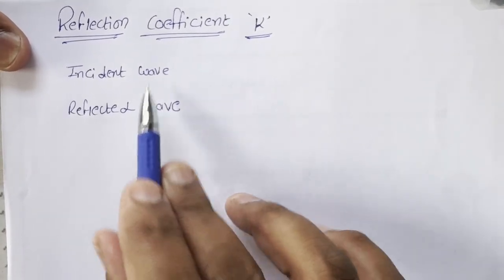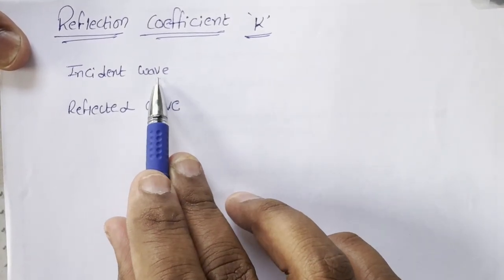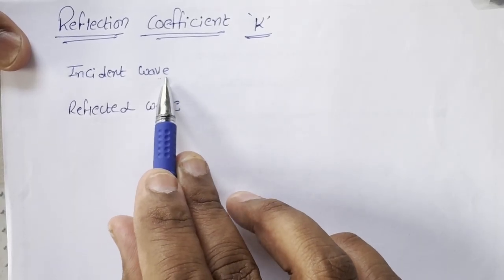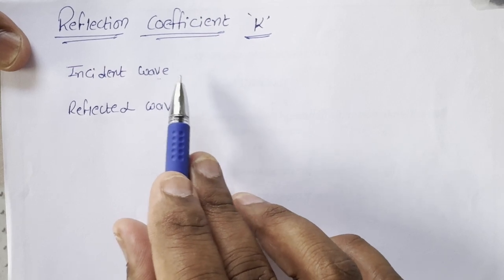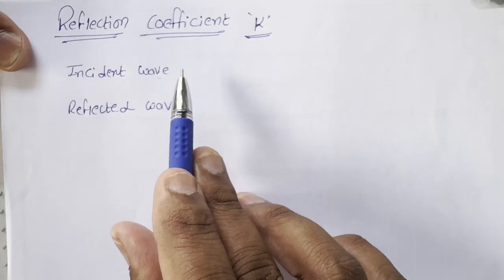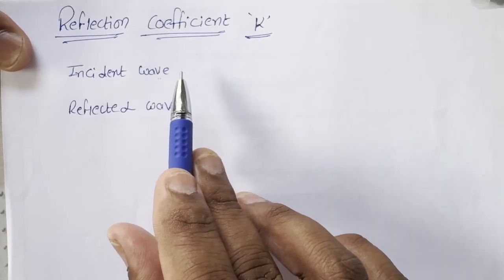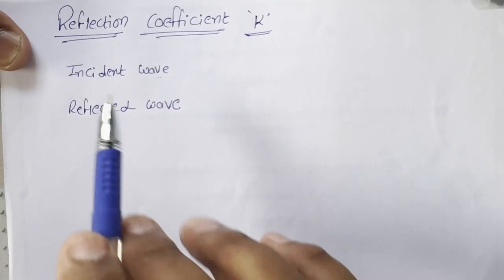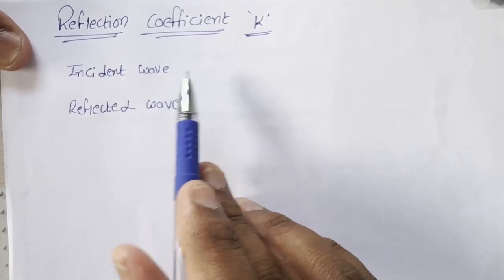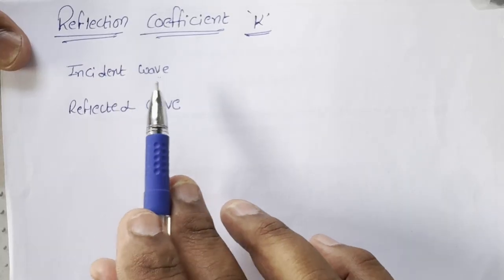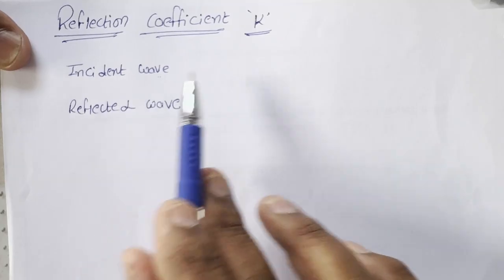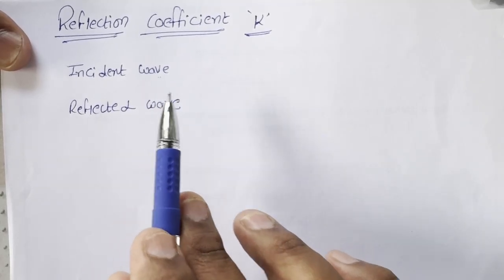Simply, incident wave is defined as a wave which flows from sending end to the receiving end with decreasing amplitude.